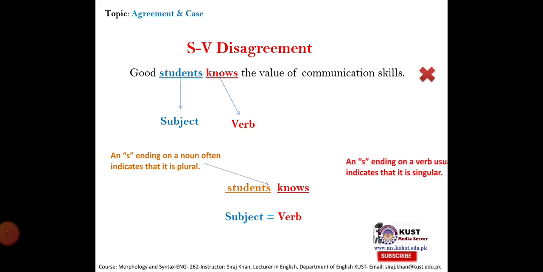An s ending on a verb usually indicates that it is singular. So, subject and verb disagreement here, that the verb is not agreed with the subject because the subject is plural. So, the verb must be plural.